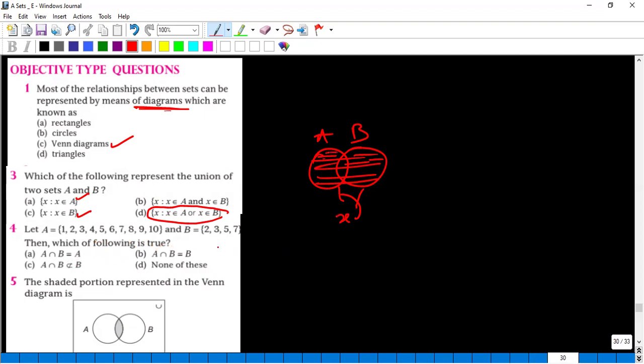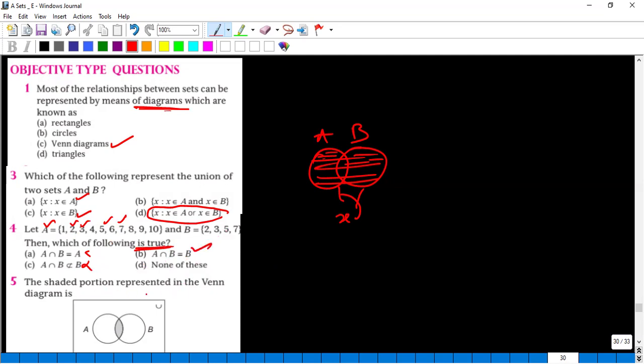A intersection B is A. Definitely not correct because set A is bigger than set B. A intersection B is not a subset of B. Okay, let me find out: 2, 3, 5, 7. Of course, it is a subset, so this is not the correct option. They are asking which is true. A intersection B is B. Yes, this is correct.